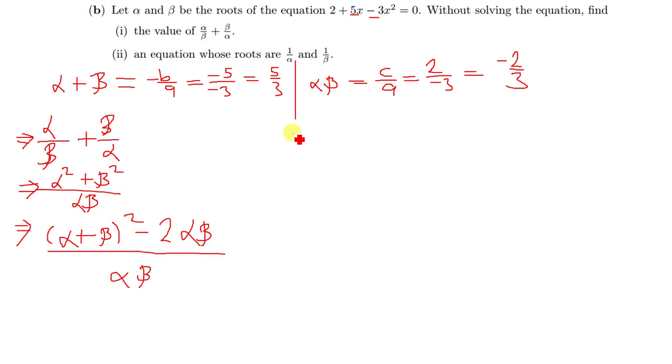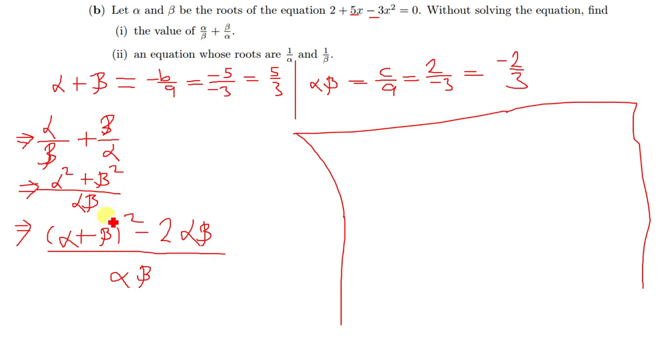So you can prove this. How did I come to this, alpha plus beta squared minus 2 alpha beta? Simple. You just say, what can I get if I say alpha plus beta squared? When you expand this, you are going to have alpha squared plus 2 alpha beta plus beta squared.